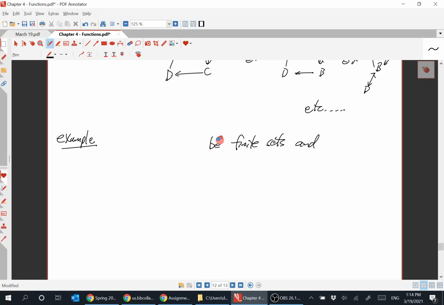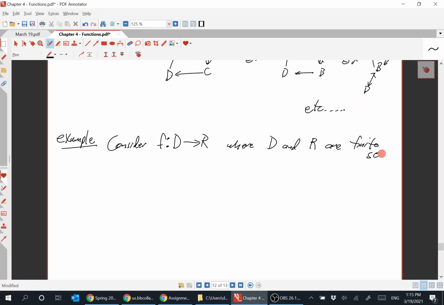Consider a function F from domain to range where D and R are finite sets. So no infinite sets here. The following are equivalent.